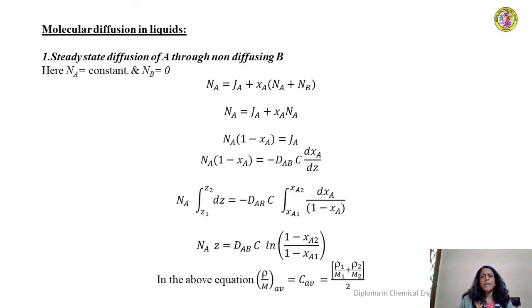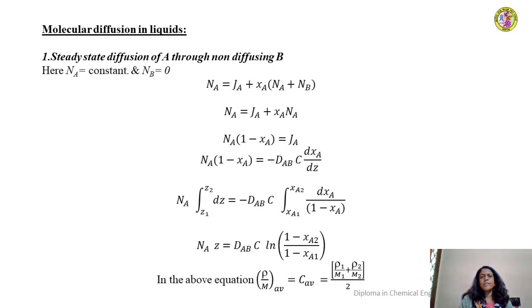If ammonia has to get transferred from gas phase to liquid phase, then first it has to diffuse through the gas phase. That is, it has to diffuse through the air, and then when it comes to the interface, it gets diffused from the interface to the liquid phase, that is into the water.